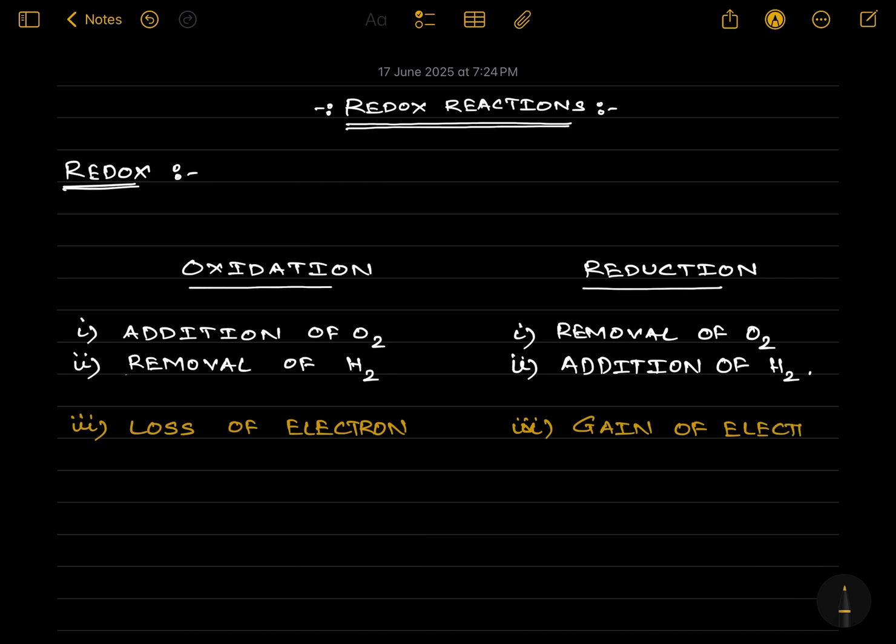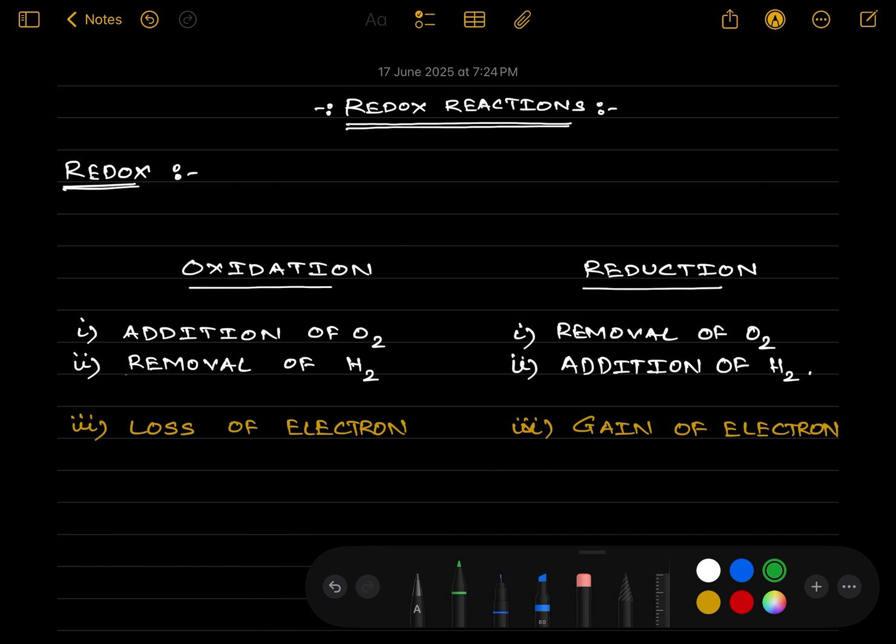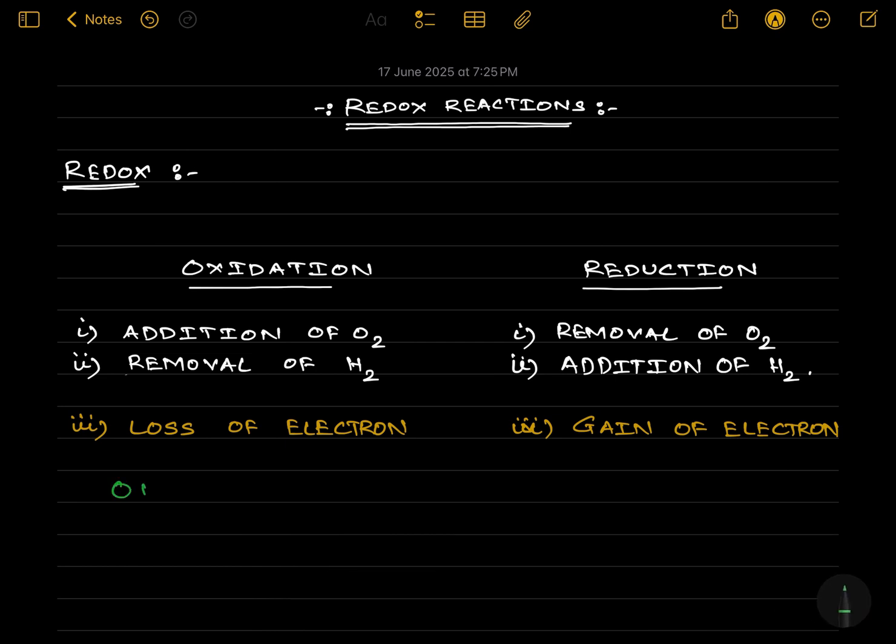Now, how would you remember this? You would remember this by remembering a word, OIL RIG. What does OIL RIG stand for? OIL: oxidation is loss, and RIG stands for reduction is gain.